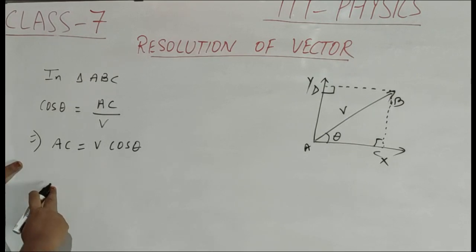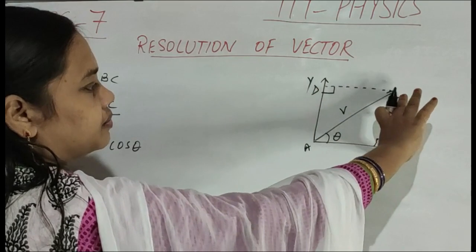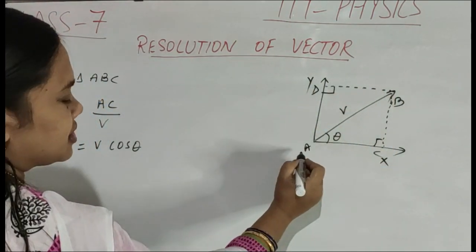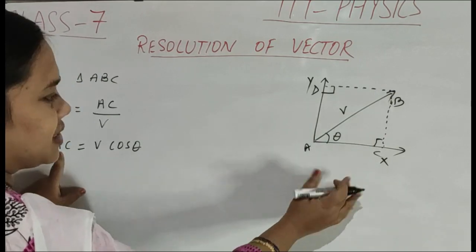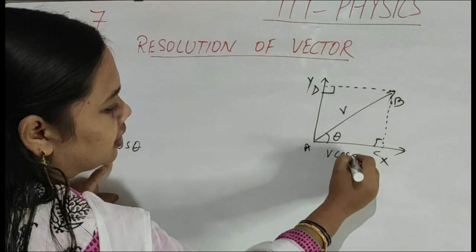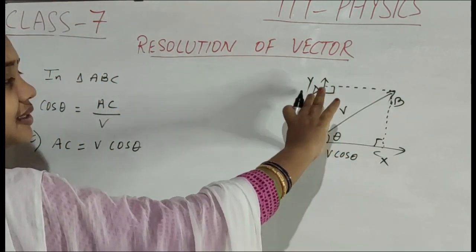Now similarly, AD is equal to BC. So this x component we got, AC, is V cos theta. Now we should get the y component, that is AD.